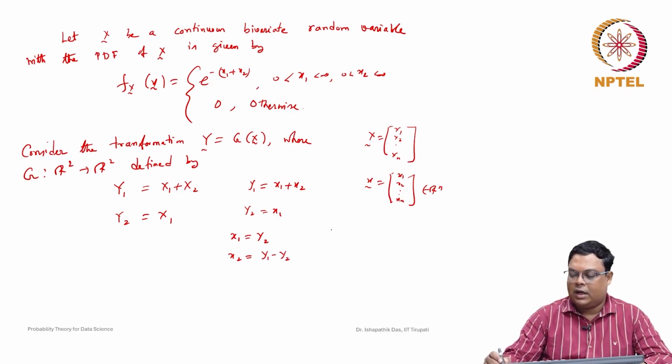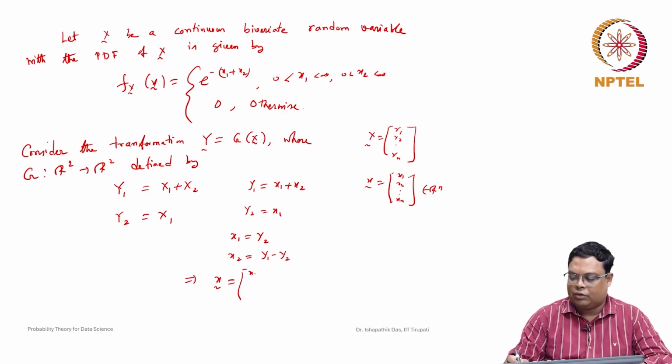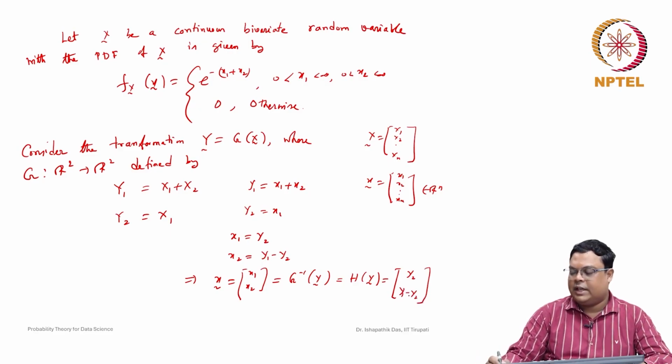So g inverse of y is defined as h of y. This is nothing but x1 equal to y2, and x2 equal to y1 minus y2. So this is the inverse.